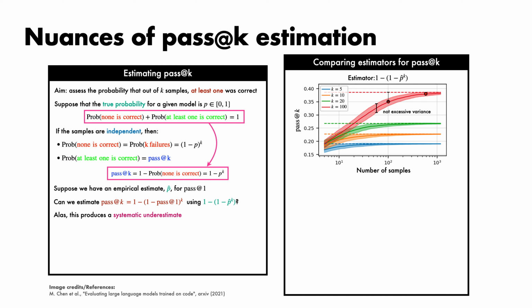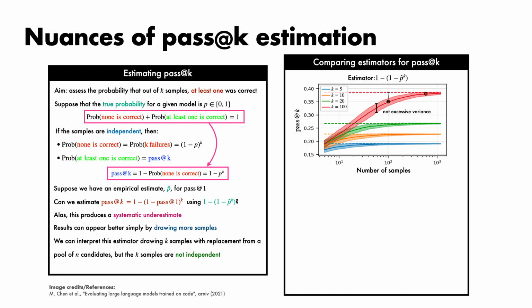Perhaps more concerningly, this estimator will give the impression of better performance by simply increasing the number of samples, which is not what we want from our estimator. The Codex authors suggest that we can interpret this estimator as drawing k samples with replacement from a pool of n candidates, but in such a way that the k samples are not independent.